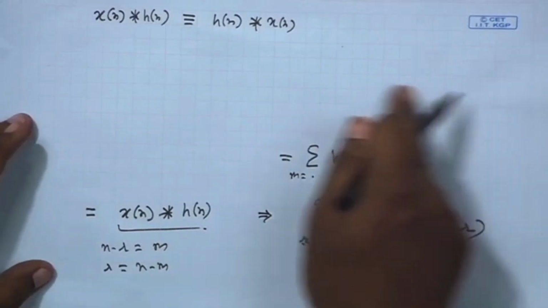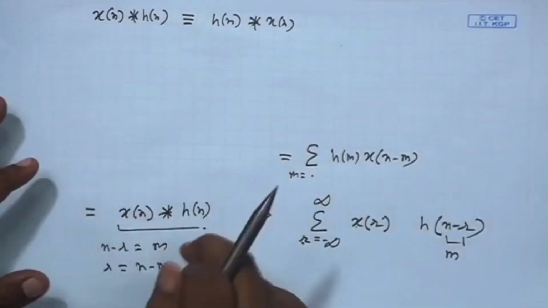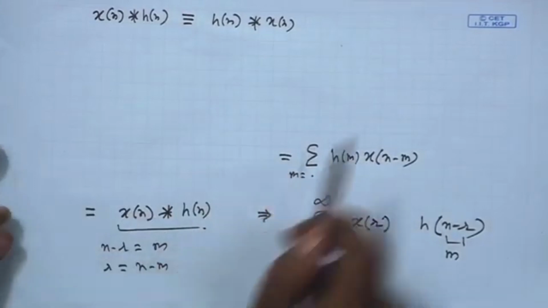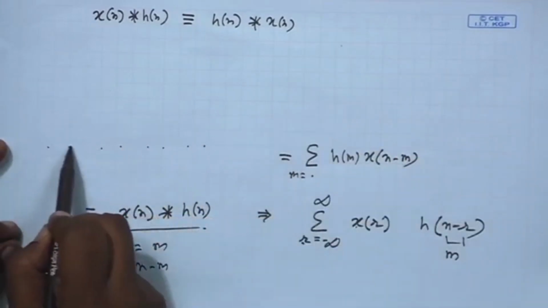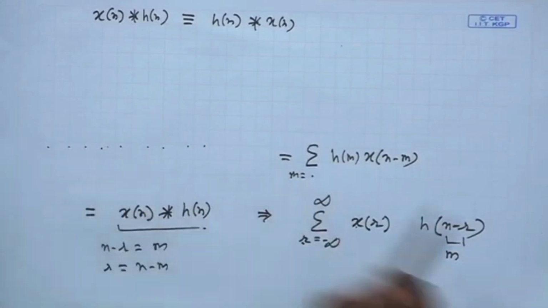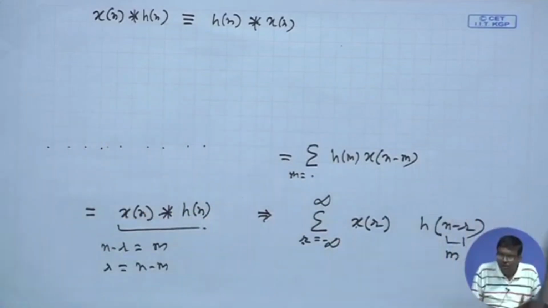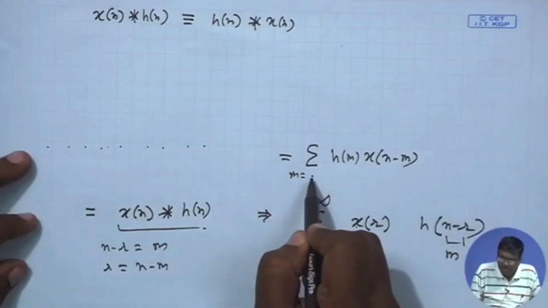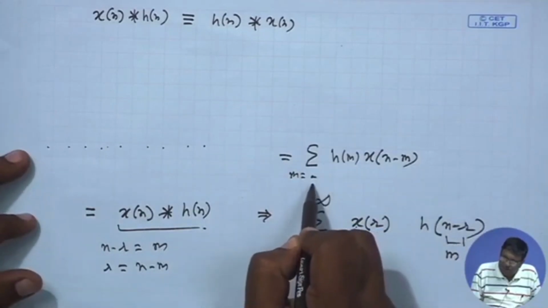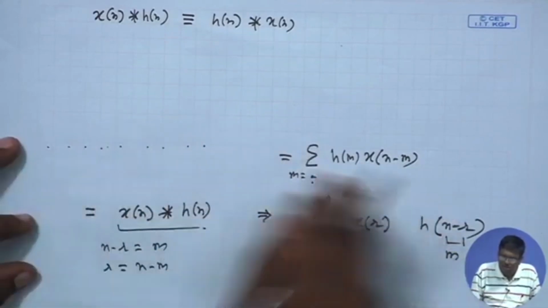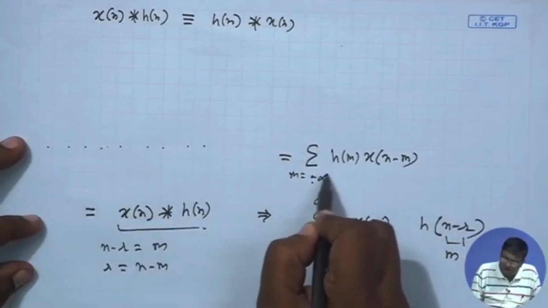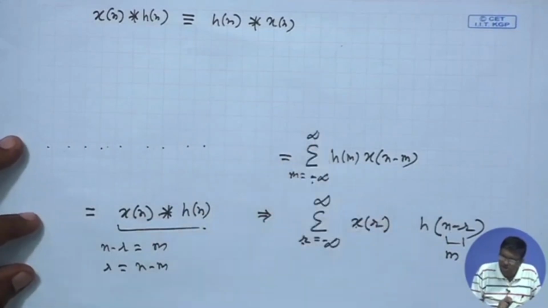But it is a discrete summation. If you sum from right to left like this, or left to right like this, you cover all the points. So, it does not make any change. Therefore, summation from plus infinity to minus infinity or minus infinity to plus infinity, you cover all the discrete points on this time axis, right. So, it does not change. So, I again write m from minus infinity to infinity.